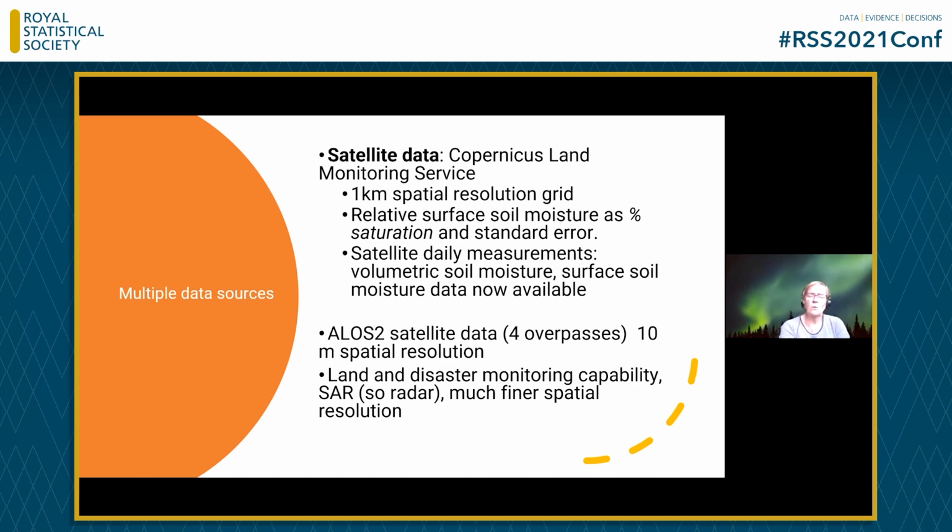We also acquired 4 overpasses from the Japanese Space Agency's ALOS-2 satellite. These are at 10-metre spatial resolution, and it's radar imagery, so much finer spatial resolution, but also much more complex to deal with from the point of view of pre-processing.